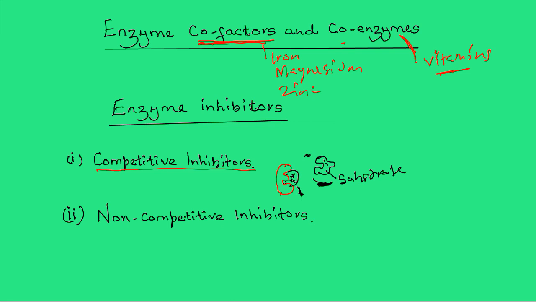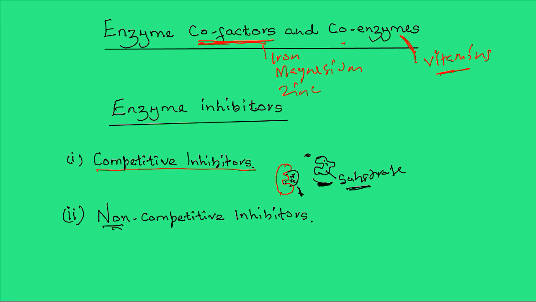Even though the inhibitor is not affected by the enzyme, by taking up the active site, it prevents the substrate from getting there, and therefore it slows down the conversion of the substrates into products. The other type of inhibition is known as non-competitive.